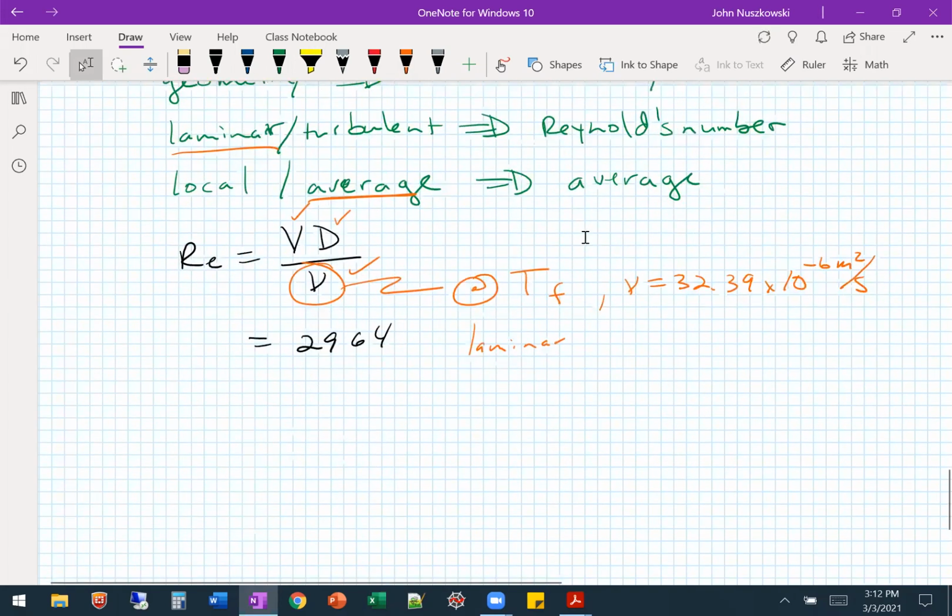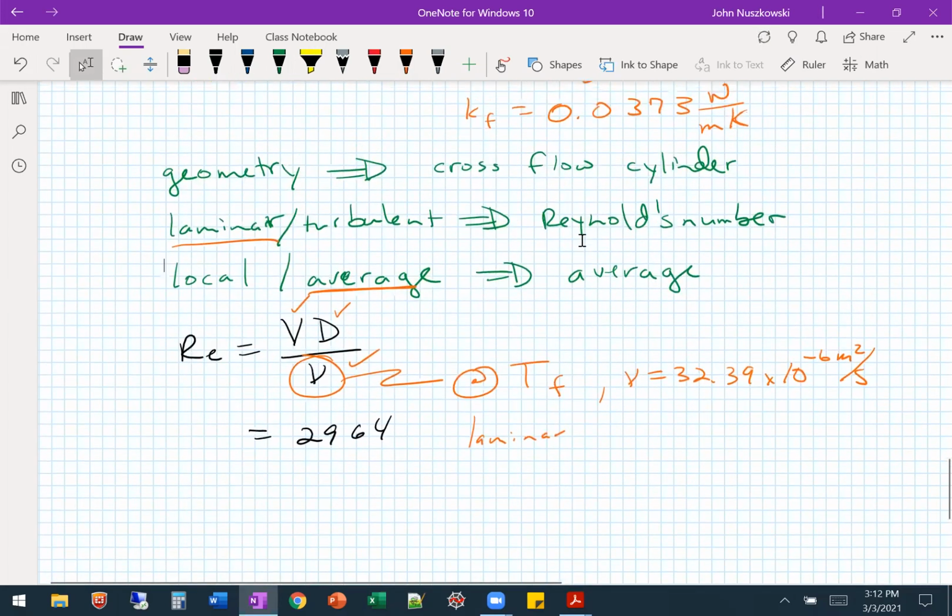All right, so now we have these main things to go hunt down our equation. We go and look for these things, and we see a Nusselt number equation that'll work for us. There's actually three of them for cross flow over the cylinder, but we're going to use the one that's all pure equation. The other two require table lookups of different coefficients dependent upon the Reynolds number, which you could use too and just cite that.